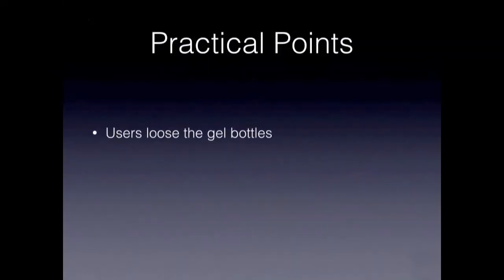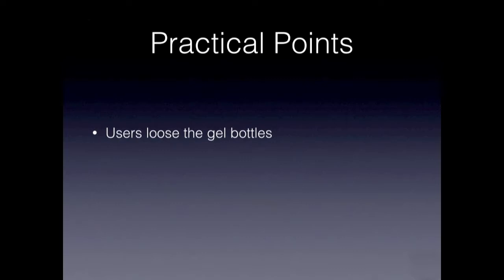I jotted down a few practical points. Certainly, it's not a limit to what we can discuss, but these are just some things. If you go into an anesthesia market, all those little single-use gel bottles are the single biggest reason I see somebody doesn't put the transcutaneous on.